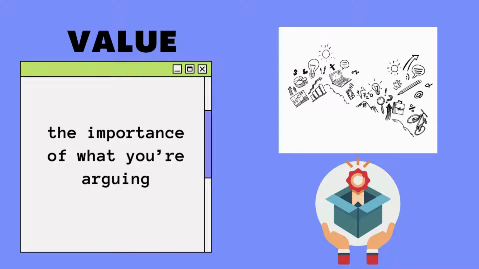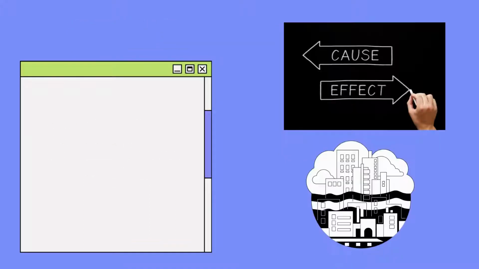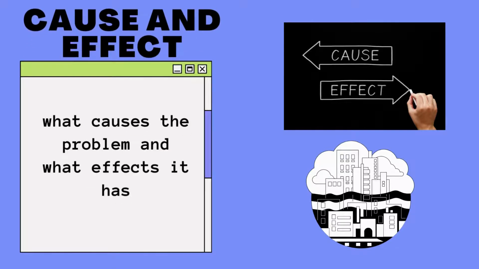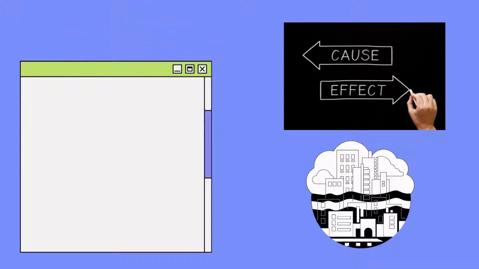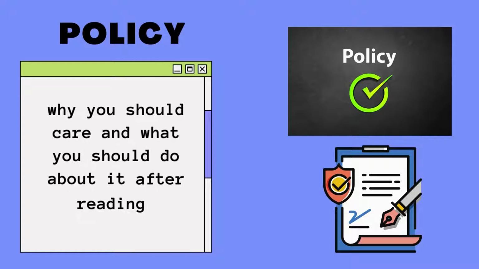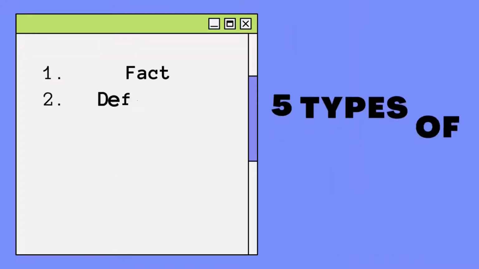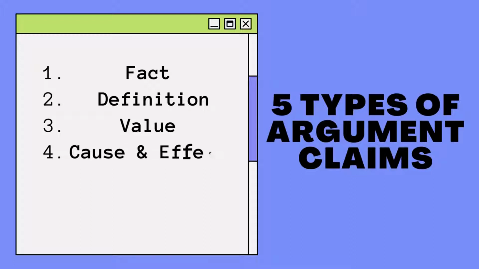Next is value, the importance of what you're arguing. Next is cause and effect, what causes the problem and what effects it has. The last one is policy, why you should care and what you should do about it after reading. Again, these are the 5 types of argument claims.